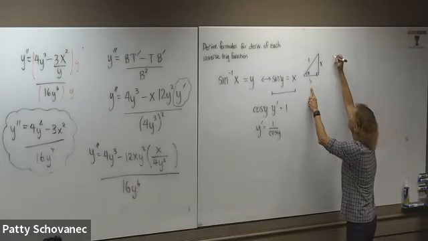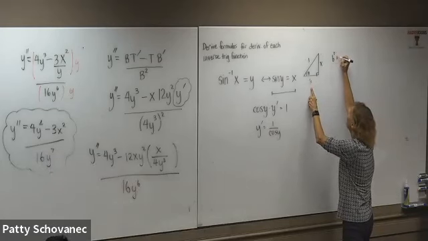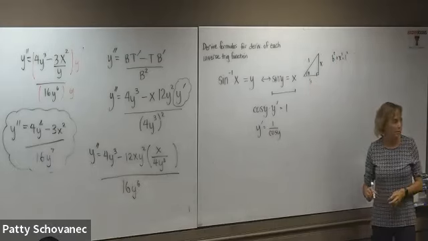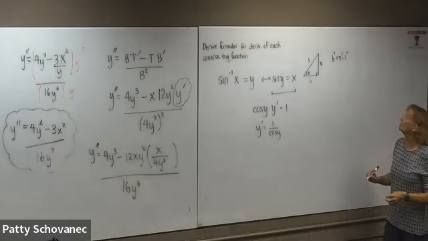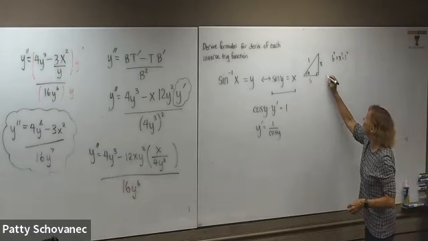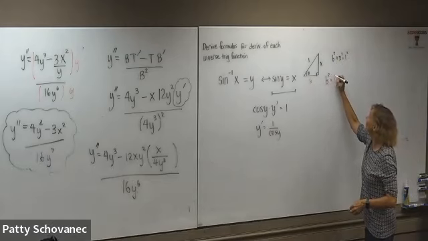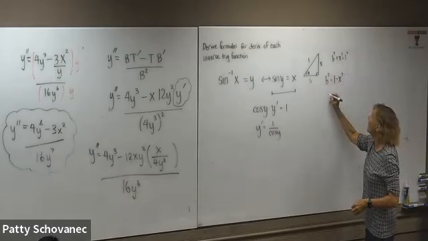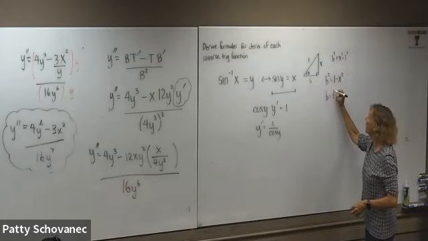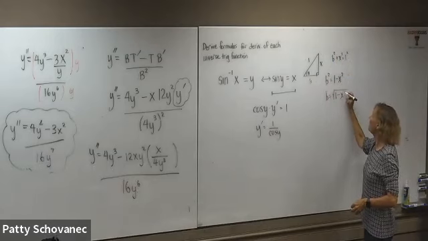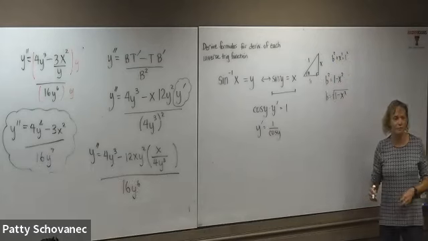This picture says that leg squared plus leg squared is hypotenuse squared. And I'm trying to find b in terms of x, so I'm going to subtract x squared from both sides, and then I'm going to take the square root of that. And I'll take the positive square root as I drew that in the first quadrant.